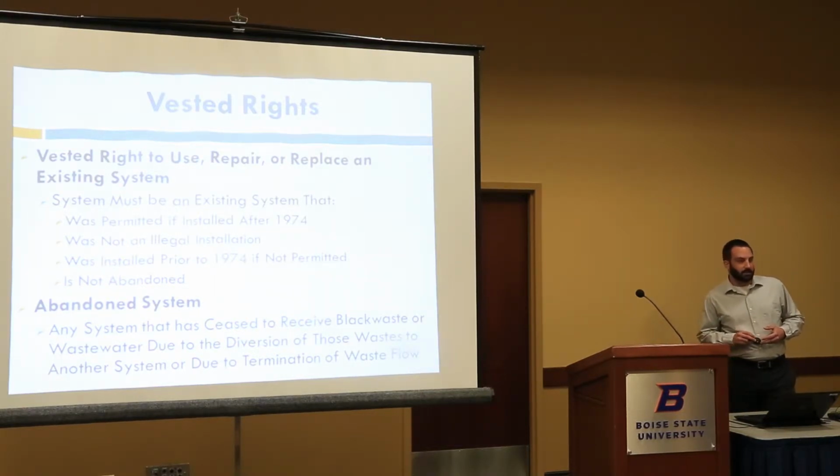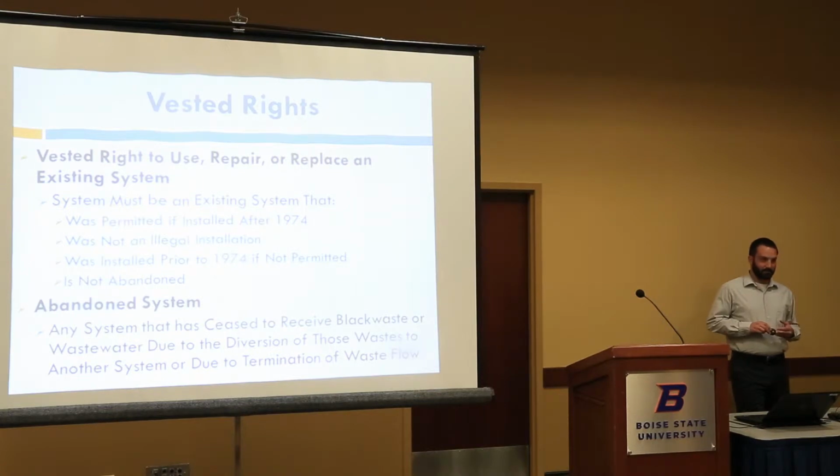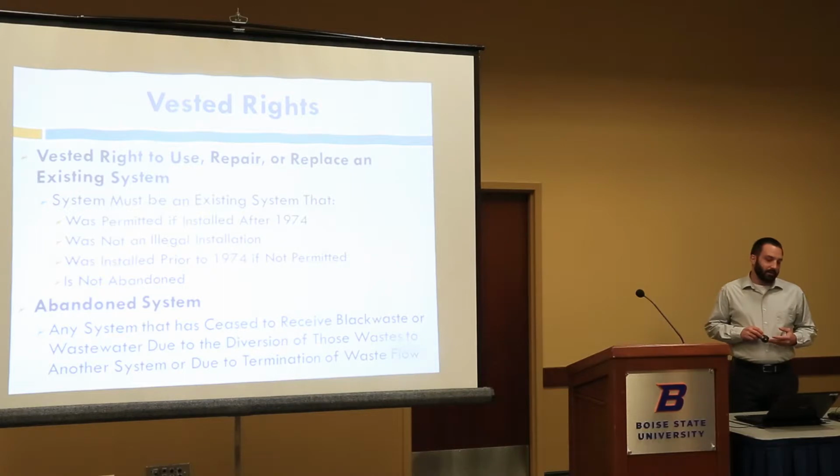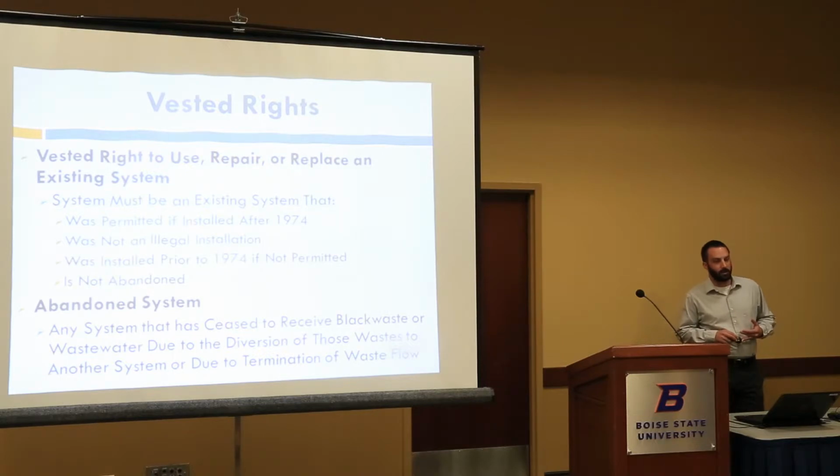It can't be an illegal installation, so you can't put a system in on the weekend and call the district the next week and tell them you have a vested right system in the ground. It needs to have been installed prior to 1974 if there is no permit, and it can't be an abandoned system. An abandoned system, by definition in the subsurface rules, is any system that has ceased to receive black waste or wastewater due to the termination of those flows or diversion of them to another system.